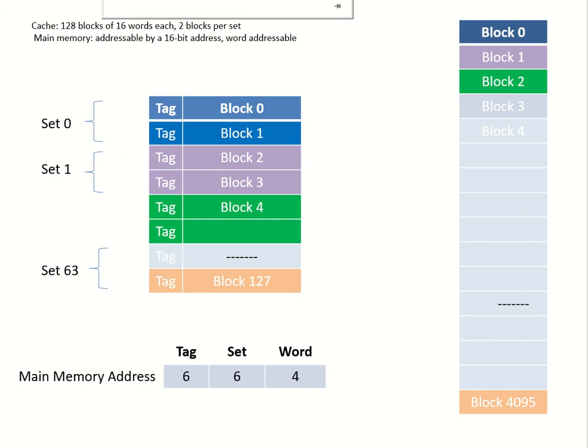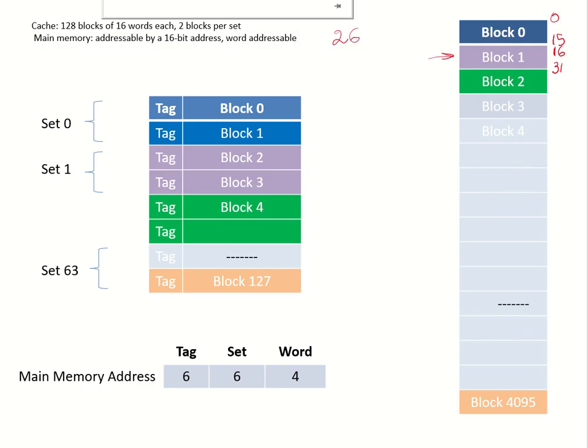Let us take an example of main memory address 26. Since each block consists of 16 words, these are the addresses that would be available in the main memory, and as you can see, main memory address 26 will be found in block 1.